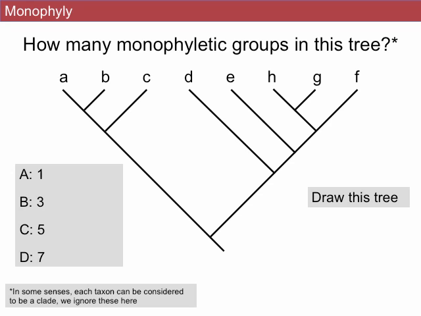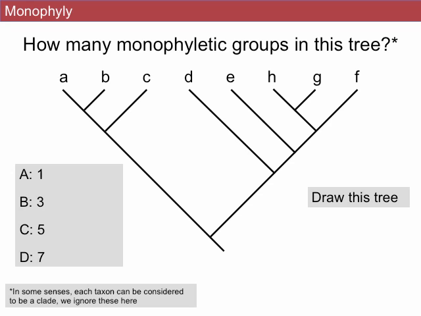I'm going to show you the rest of the monophyletic groups in this tree in one second. In some classes, in some books, people even include the single taxon at the tip of a tree as its own monophyletic group. We're not going to do that here. We're talking about multiple taxa for whether or not they are a monophyletic group.